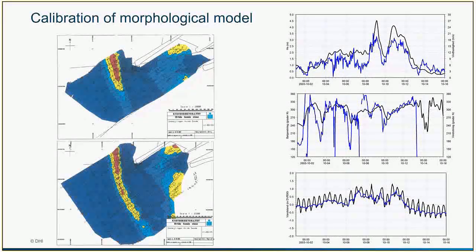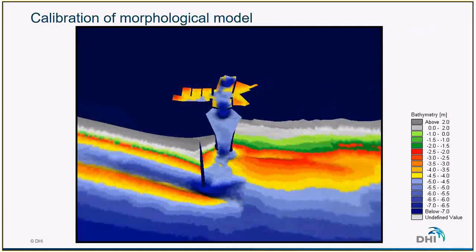So that was a very strong wave. And as we can see on the two bathymetry surveys before and after the storm, the sandbar has been migrating quite a lot during that storm. So that's what we were aiming at when calibrating the model.